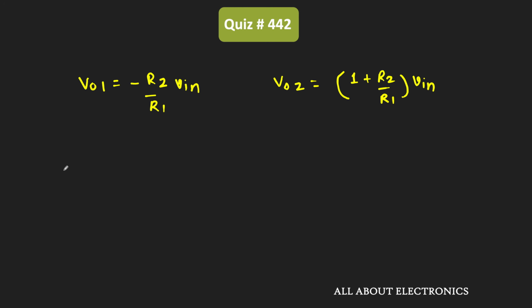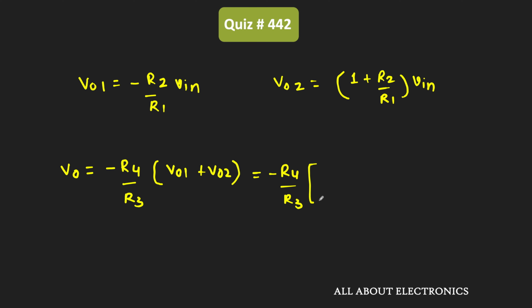That means if we see the overall output voltage, that is Vout is equal to minus R4 divided by R3 times this VO1 plus VO2, and that is equal to minus R4 divided by R3 times this minus R2 divided by R1 times Vin plus Vin plus this R2 divided by this R1 times Vin.